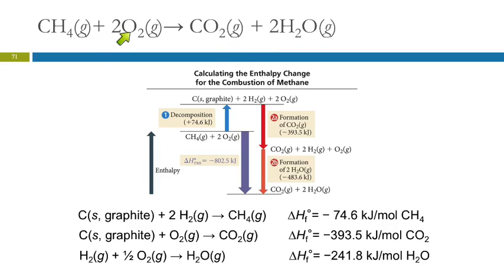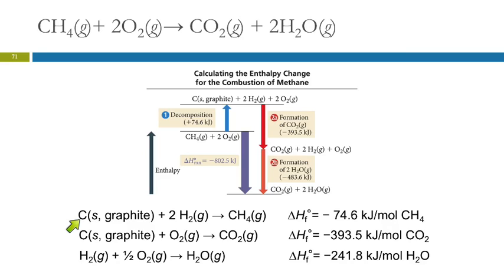Oxygen is an element in its standard state. So what's the heat of formation for that? 0, right? Element in its standard state, we decided that we were going to call that 0. So we can look all of these up. So what we're imagining is we're starting here with our reactants, and this isn't going to change, but we're going to take the methane apart into its component elements.